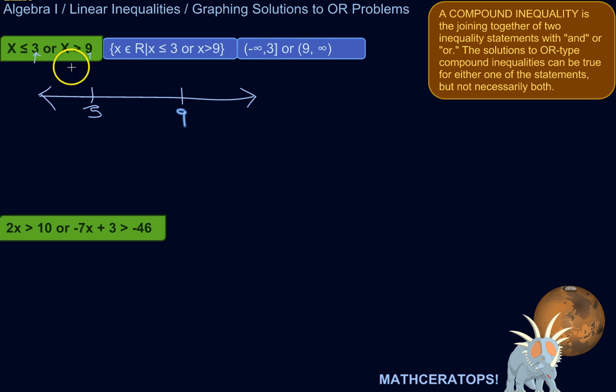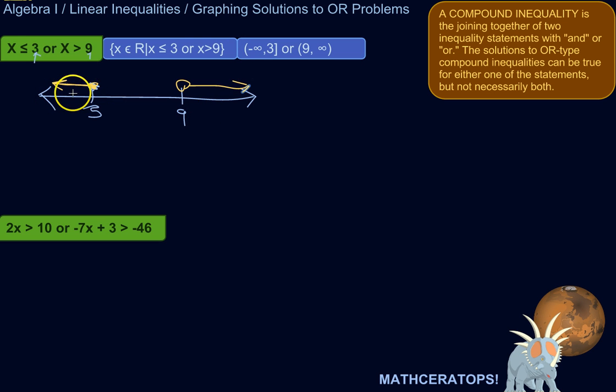X is less than or equal to 3. So 3 and anything below that counts. Or x is greater than 9. So 9 doesn't get included, but anything greater than 9. There. So there's the graph of the solution.